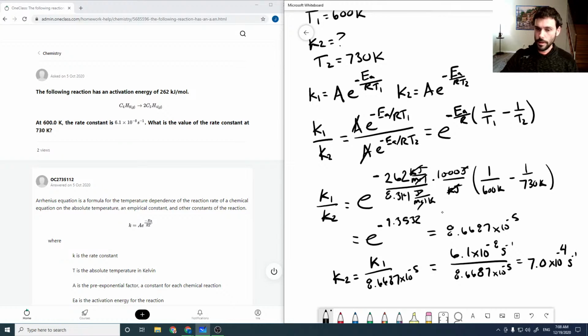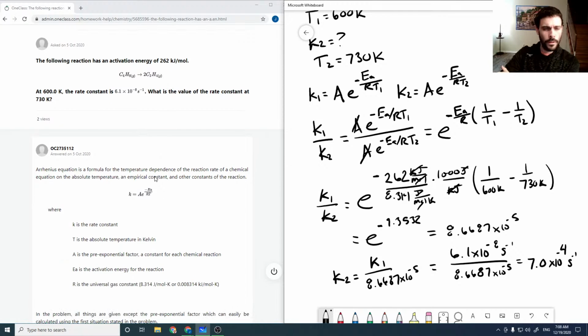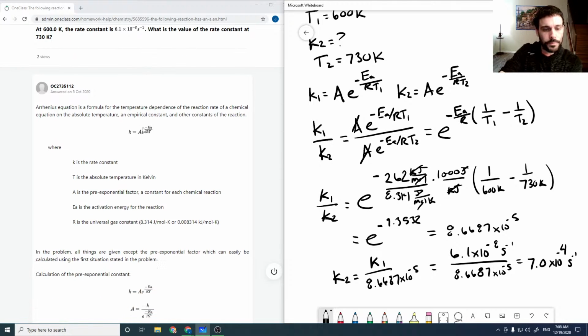Okay, so there's our k2 from the Arrhenius equation. So that's our rate constant at 730 Kelvin.